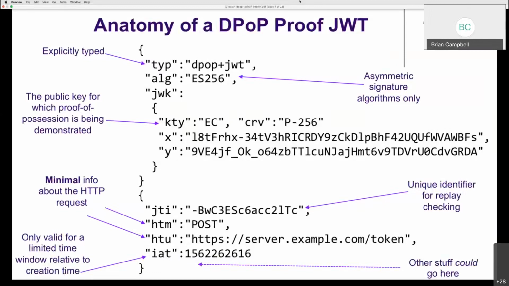There's a unique identifier in there, which we're currently using for some replay checking, and a timestamp, with some conditions suggesting that the proof only be accepted for some small, reasonable time window relative to that creation time.